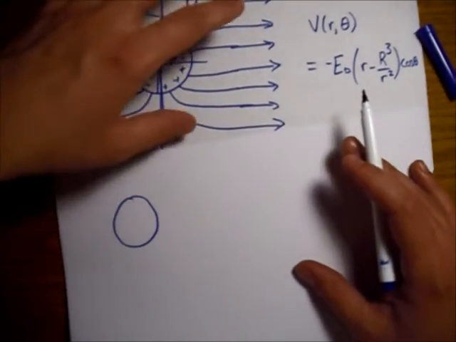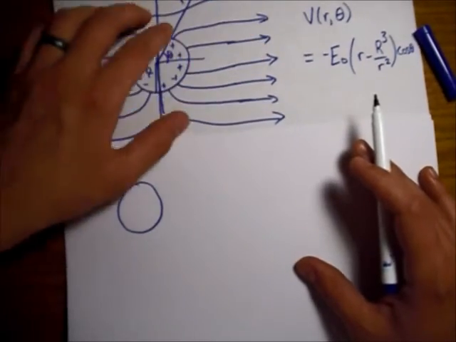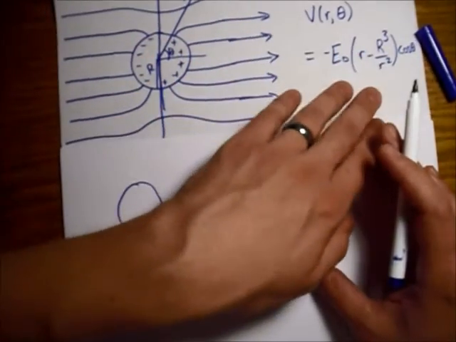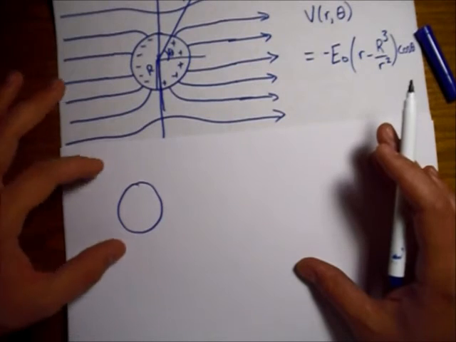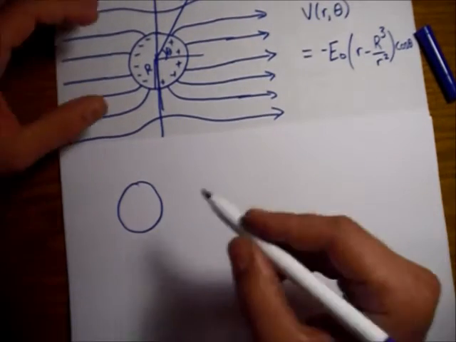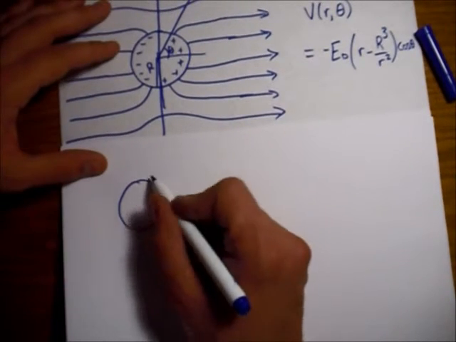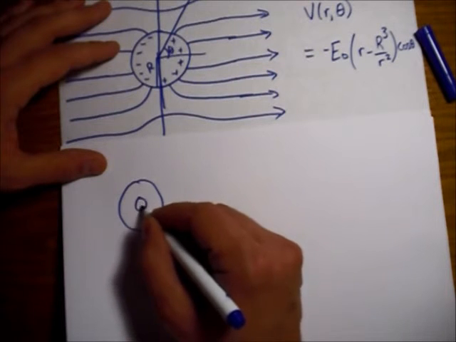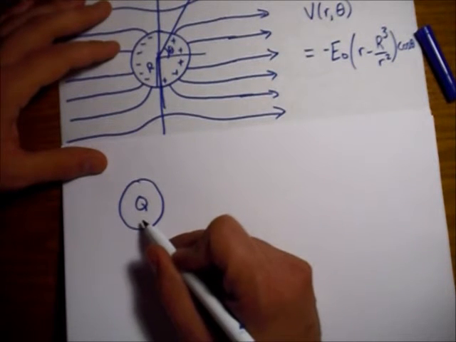We have this case of a neutral sphere with potential given by this. Now we're looking at the other case for our superposition, which is just a charged conducting sphere with charge big Q.